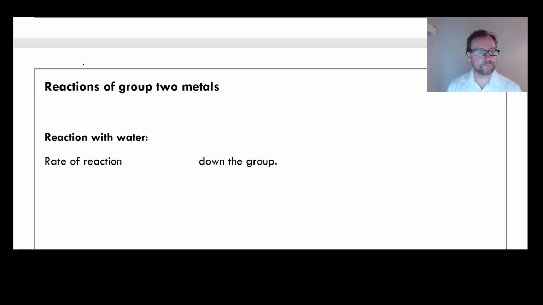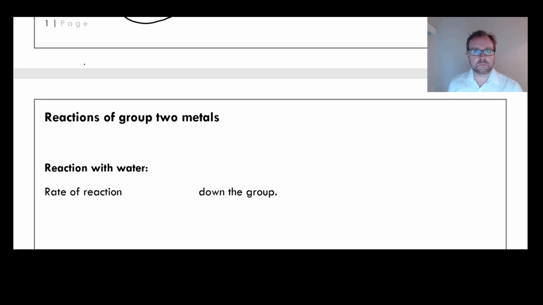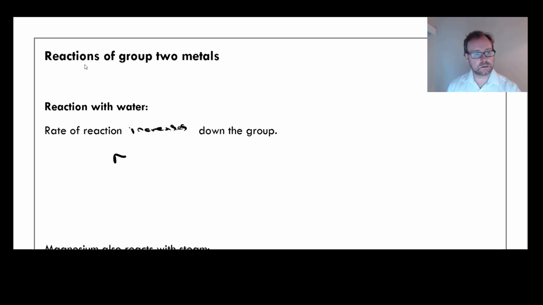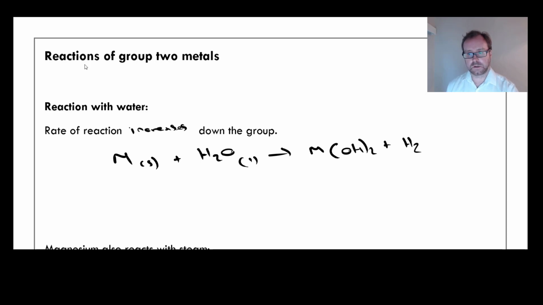Moving on, you've got to remember some reactions of the group 2 metals. First, the reaction with water. The rate of reaction increases down the group. Our generic equation, using M to represent the metal, is M plus H2O forms the metal hydroxide plus hydrogen gas.